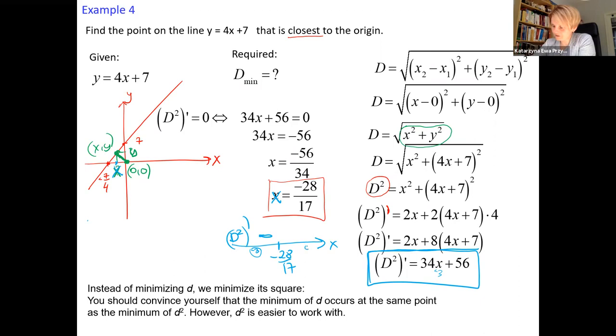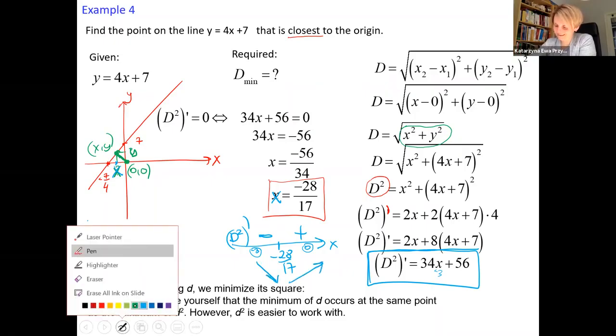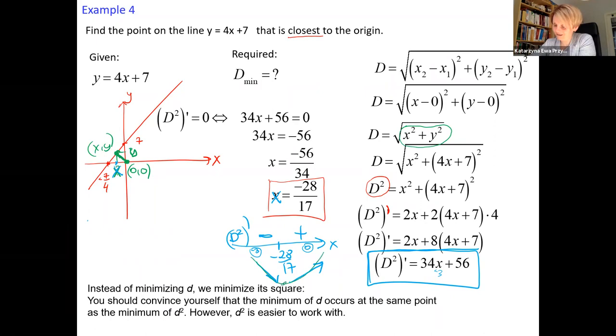And when we substitute even 0, a good testing point, 34 times 0 plus 56, it's positive. Then the function is decreasing, then increasing. We definitely see a local minimum. Since the function is like this, it will also be the absolute minimum. So yes, this is a good number to minimize the distance.